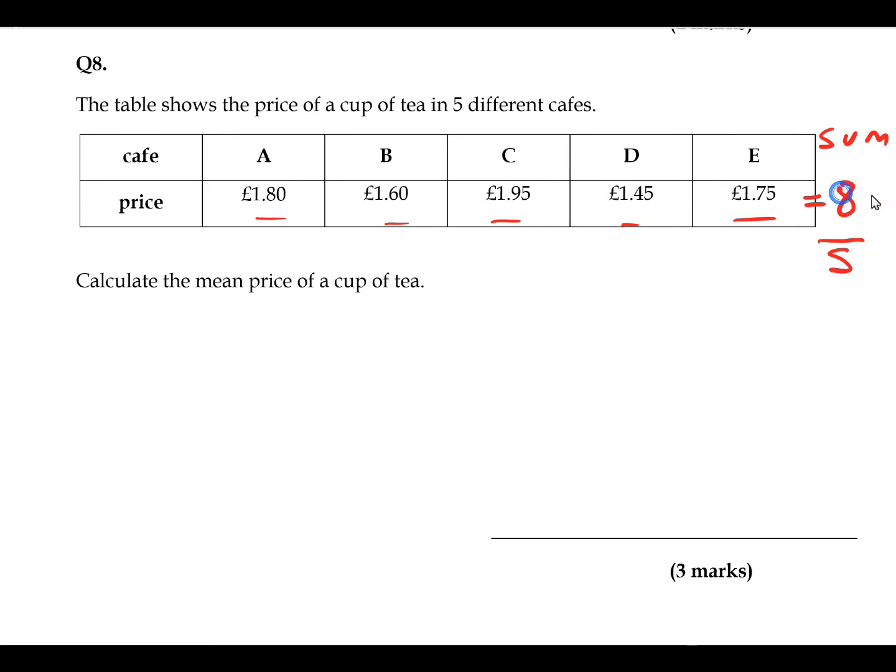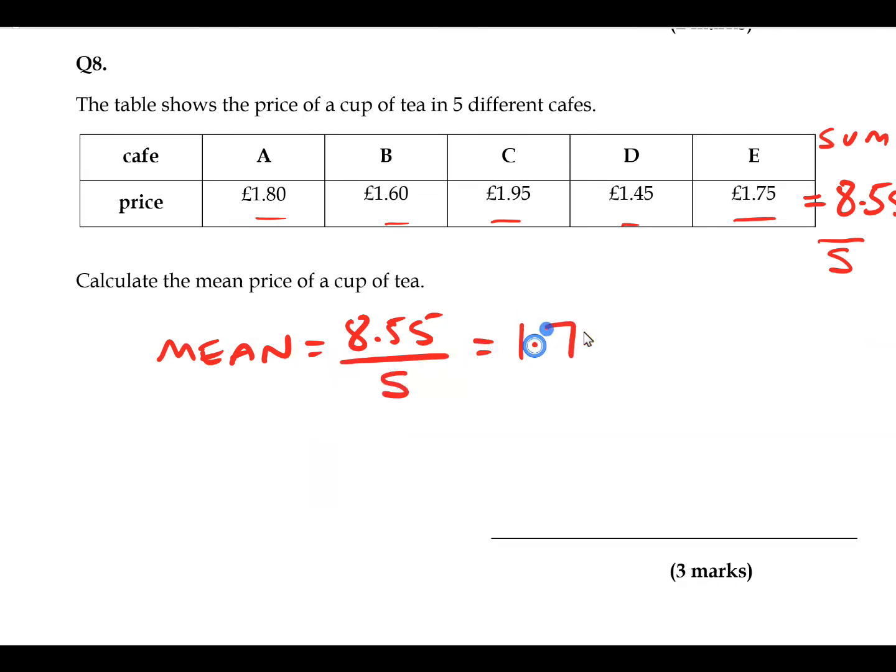And you get £8.55 as the total. The mean is the £8.55 divided by the 5 cafes, and our calculator says 1.71. So £1.71 is the mean price for a cup of tea.